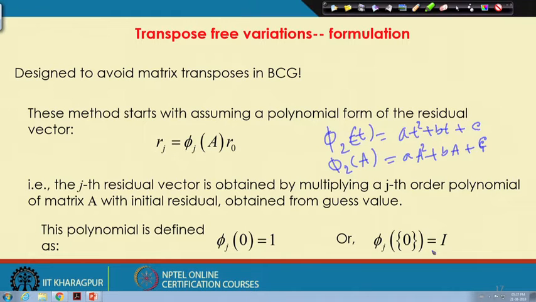So, if A is equal to 0, that means all the elements of A are 0, then Rj is equal to phi j of A times R0, and this is the identity matrix I. So, Rj is equal to R0. So, these are the same operations which we are supposed to do over a scalar, we are now doing over a matrix.